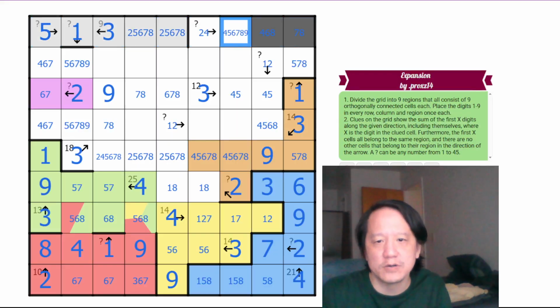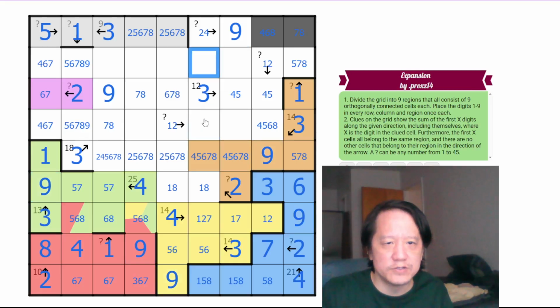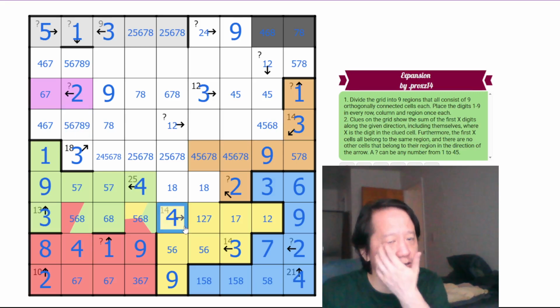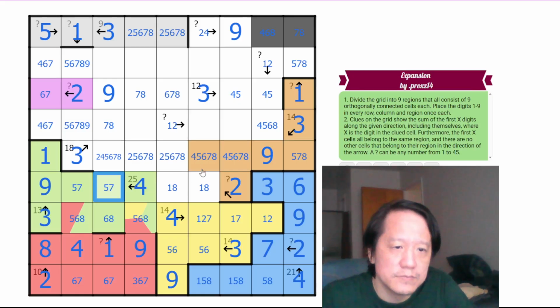It has to be here. So that's 9. That gives us a lot of 9s. We know one of these two is a 9, and we know one of these two is a 9. It's not that helpful, though. This is not part of orange.